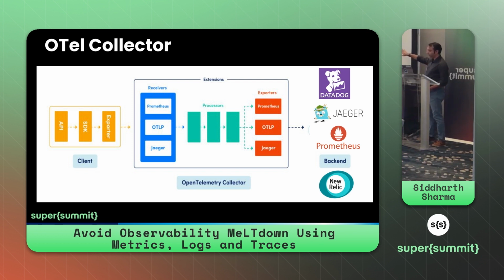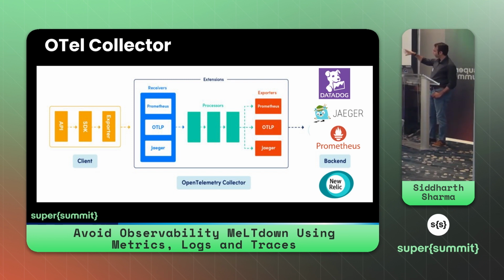You can go ahead and instrument your code in Java or Python, using either their APIs or their SDKs, or if you're into auto instrumentation, wherein you don't want to instrument your code, you can use their agent. For Java, they have an open source Java agent. You just have to inject it with your Java, and that is how you instrument your code.